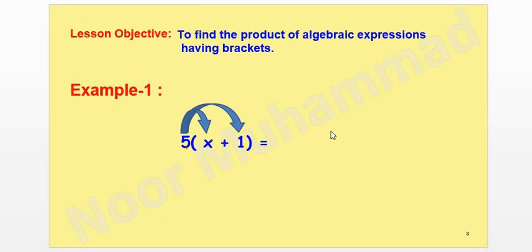Okay, now let's start. In this exercise, they will ask you to remove the brackets or expand. They will say expand, or remove the brackets, or simply solve. So how can we remove the bracket? It says 5 times, because there is no symbol between 5 and the bracket, that means it's multiplication. So 5 times x plus 1.